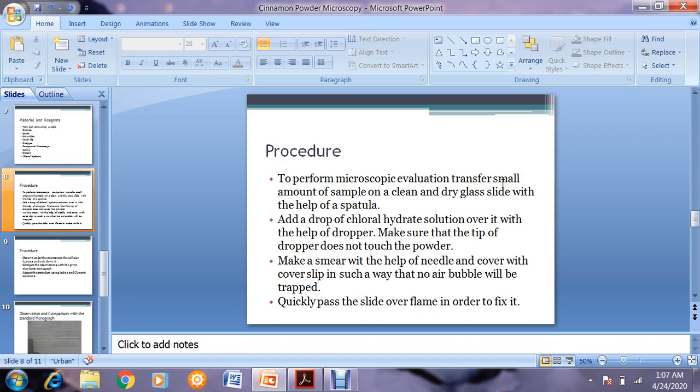If you put a large amount of sample on the slide, then your slide will not be up to the standard, and the microscopic characteristics will be mixed with each other, and we will be unable to identify them separately. A clumping appearance would be observed. So always remember that you have to put a small amount of the sample.